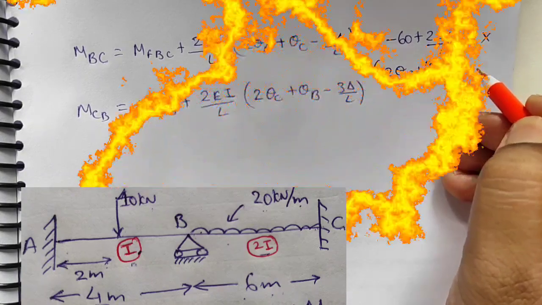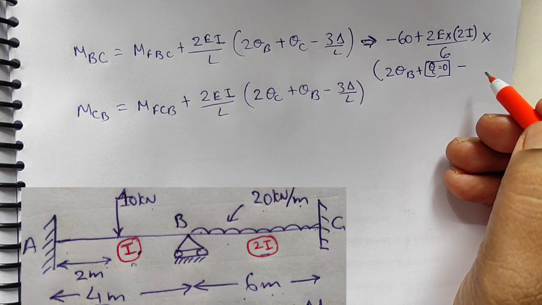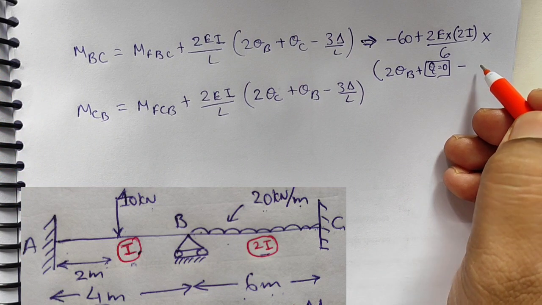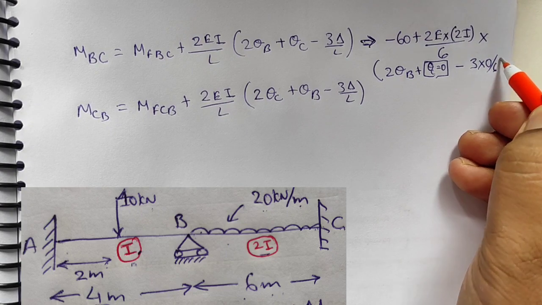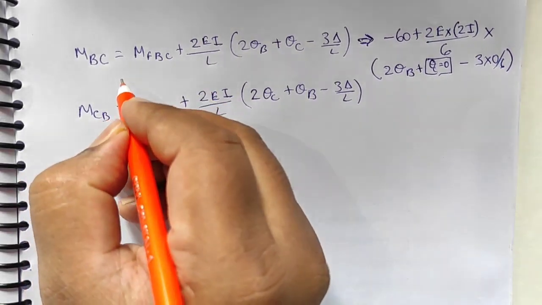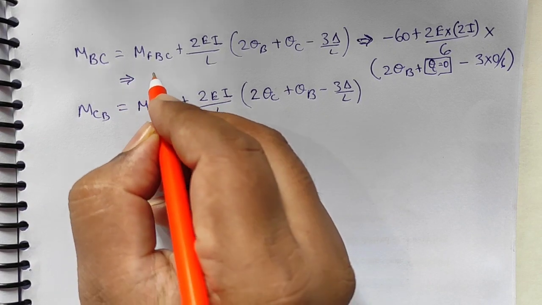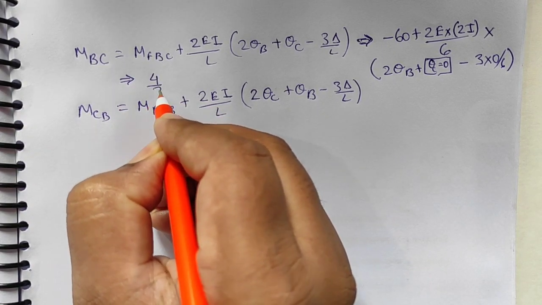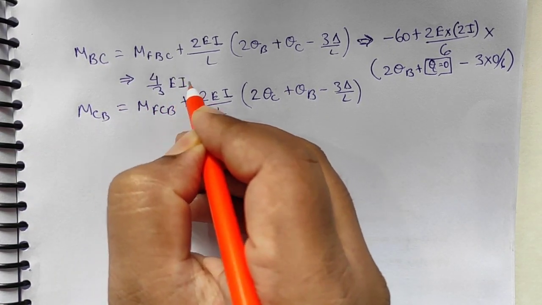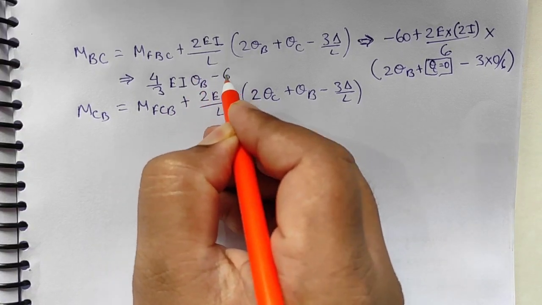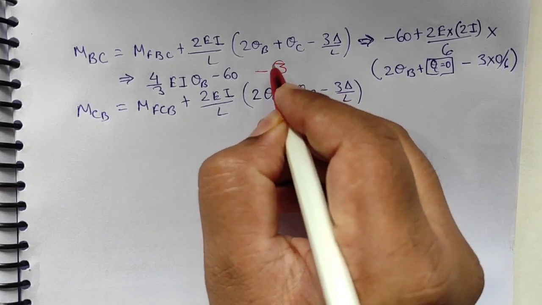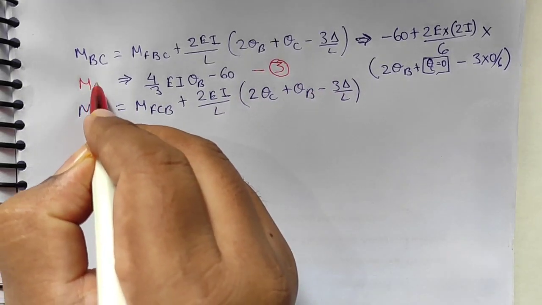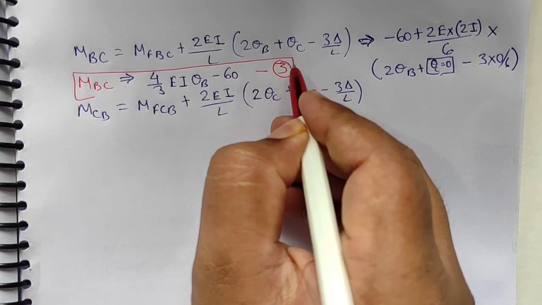Again, no settlement has been given in the question, therefore del will again be 0 and the value of L is 6. Hence after solving this I will get my equation as 4 by 3 EI theta B minus 60. Here I will label it as the third equation, that is of MBC.